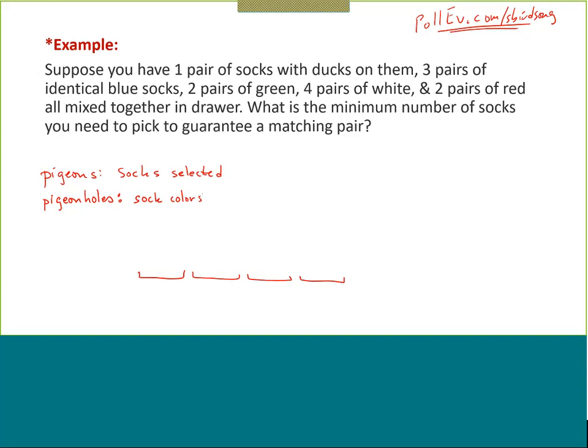So let's read out what we got. We've got socks with ducks, and all the other ones are colors. So actually, types of socks are probably better, because ducks isn't a color. We had blue socks, we had green socks, we had, was it white? And we had red. Do a quick check. Did I grab all the different types of socks?